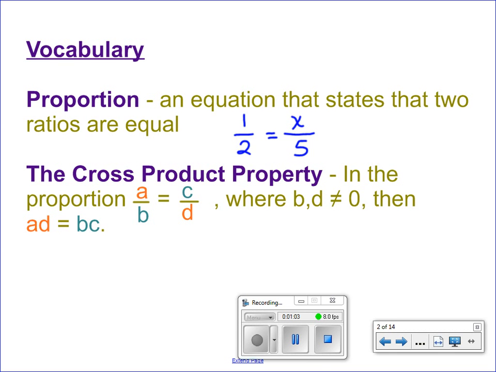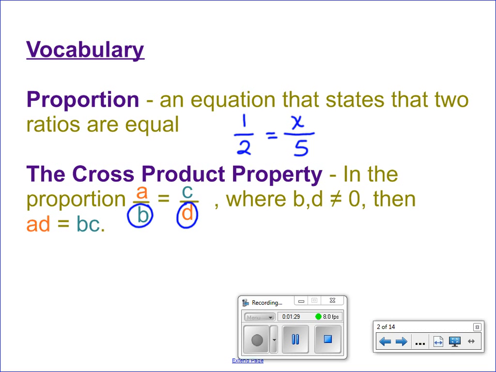The second vocabulary term is called the cross product property, and I'm sure that you have done this before and used it. In the proportion A over B is equal to C over D, where B and D are not equal to 0, and this is because in our denominators of B and D we cannot divide by 0.